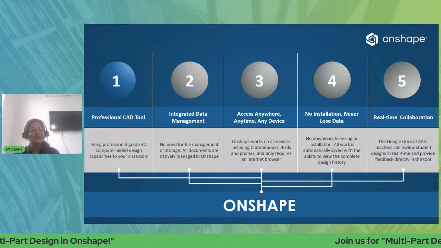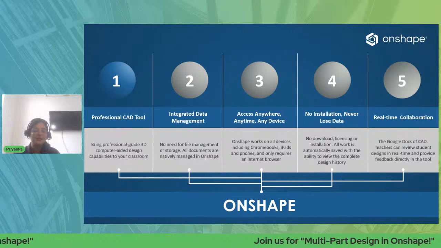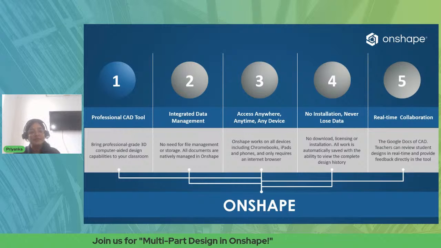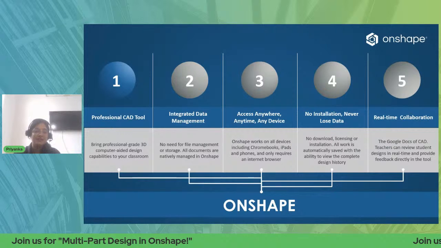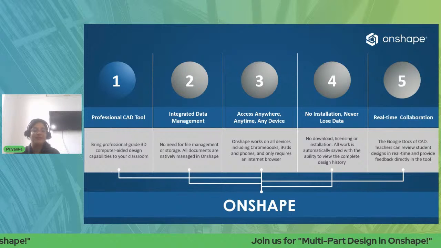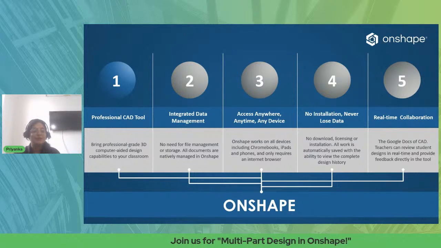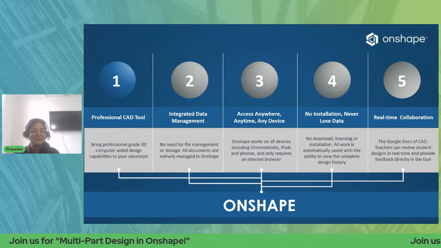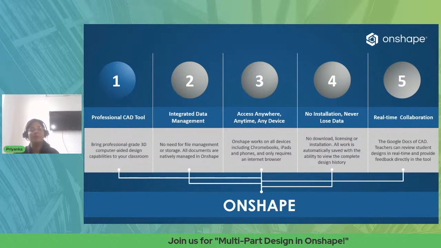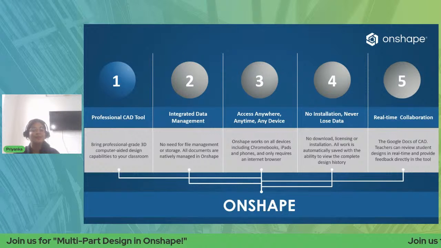The second part is that you never lose your data because it's on top of the cloud. The architecture deployment is such that every click is stored within the system. So that's another benefit, or you can say feature, of Onshape. You never lose your data, and it's quite impossible for people to work on an older version, because Onshape makes sure that once you sign up, you will be on the latest releases and versions of Onshape.